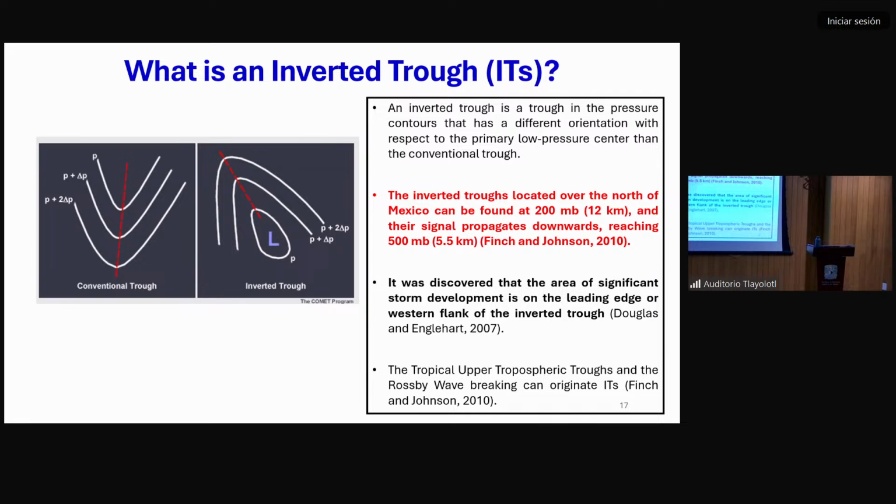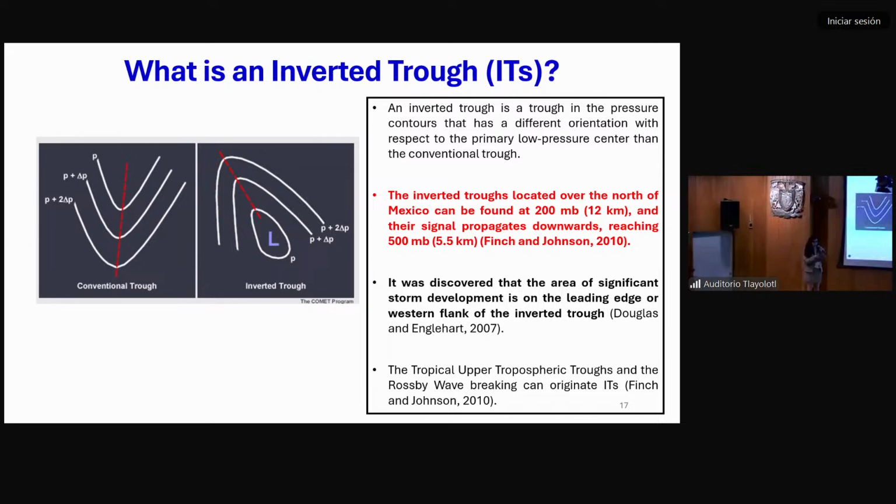In the conventional trough, the lowest pressure goes here, but in the inverted trough, the orientation is different. The inverted troughs located over the north of Mexico can be found at 200 millibars, around 12 kilometers, and their signal propagates downwards, reaching the middle levels, for example.